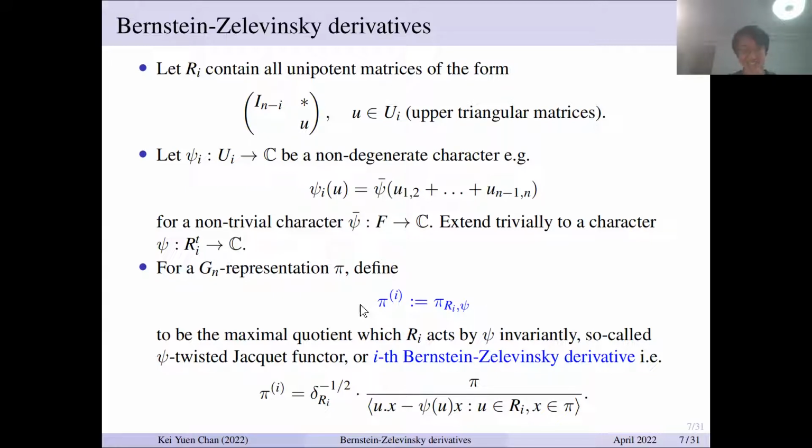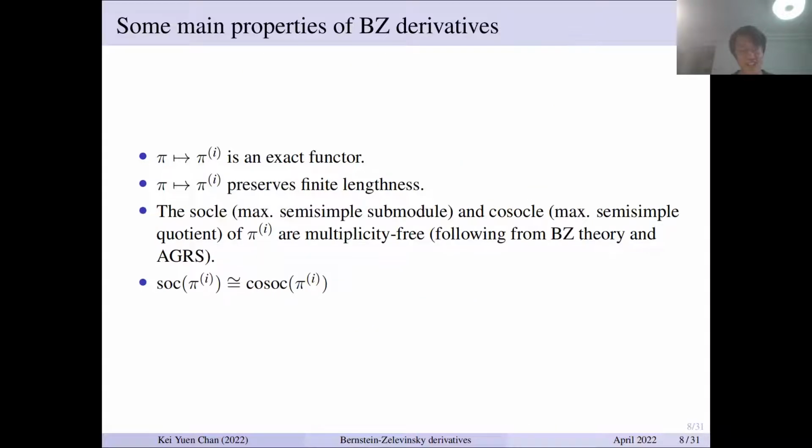Okay, so let's review some main properties, mainly due to Bernstein-Zelevinsky, Gelfand, Kazhdan, etc. Those functors are exact and preserve finite length.